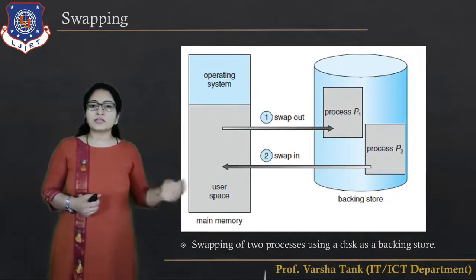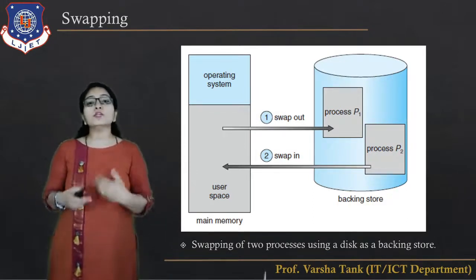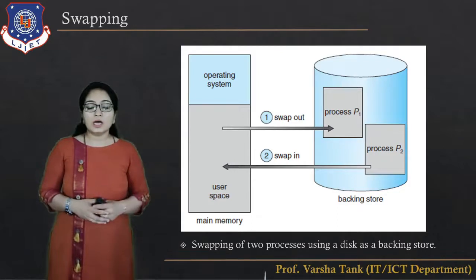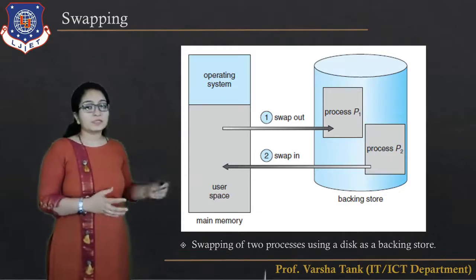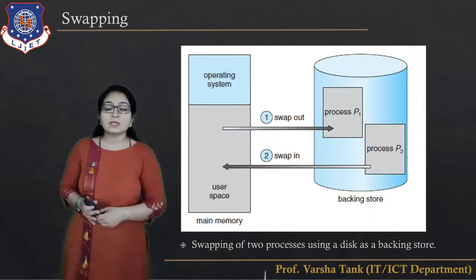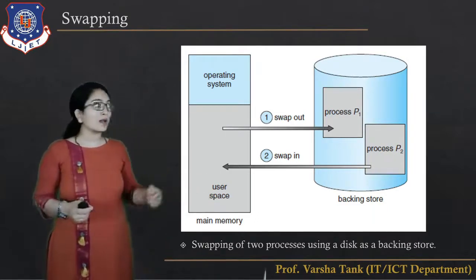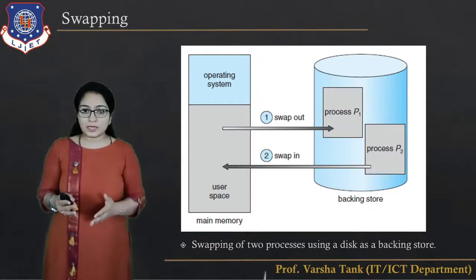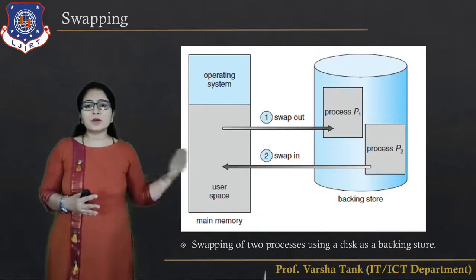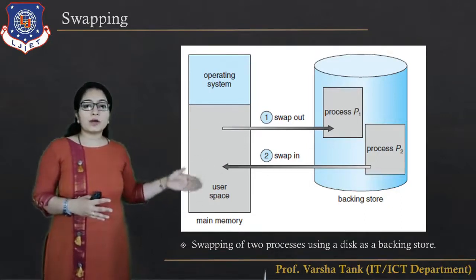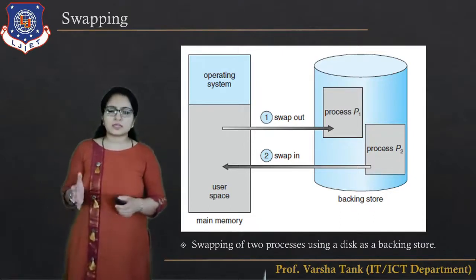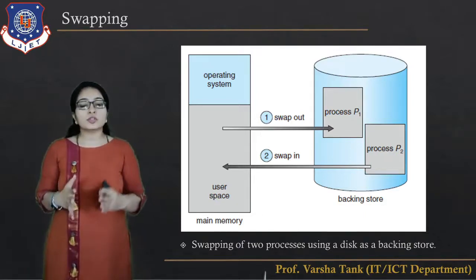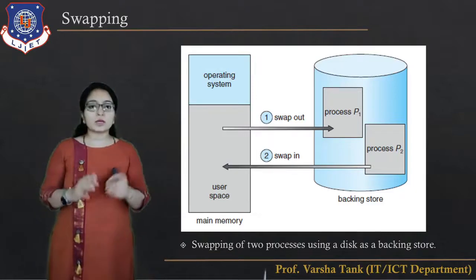Here we have shown just two processes, but there are numbers of processes that are going to be swapped out and swapped in when the necessary pages stored in the secondary storage are required. The pages currently in the memory area that are not in the active state, we don't require that particular page, so it will be swapped out from the main memory. For swapping we will see some algorithms like least recently used and first in first out, later on. Right now you just need to know the concept of swapping, that is, what is swapping and what is swap out.